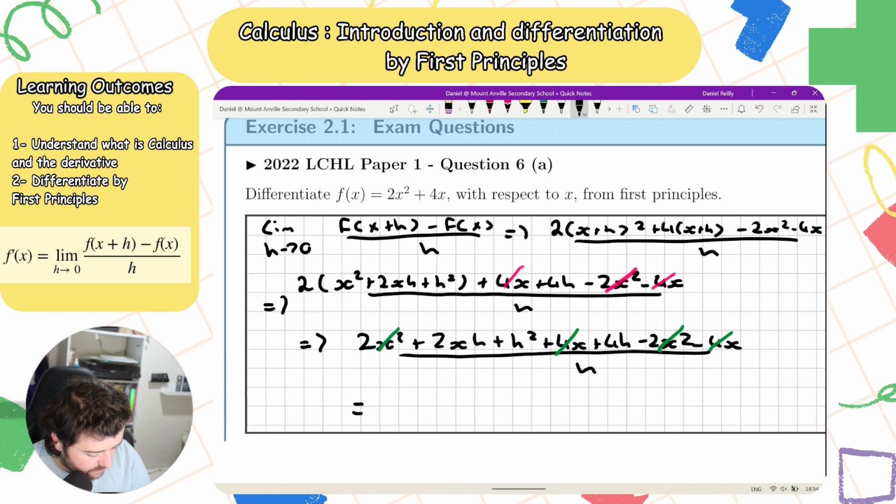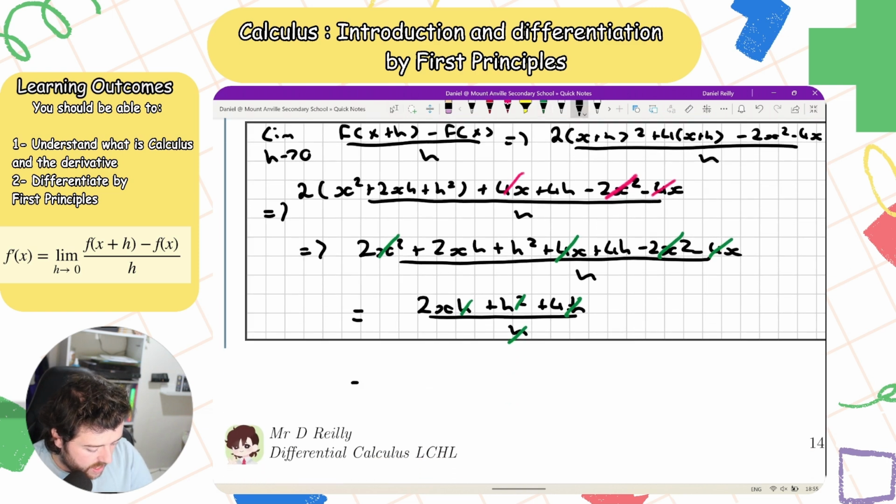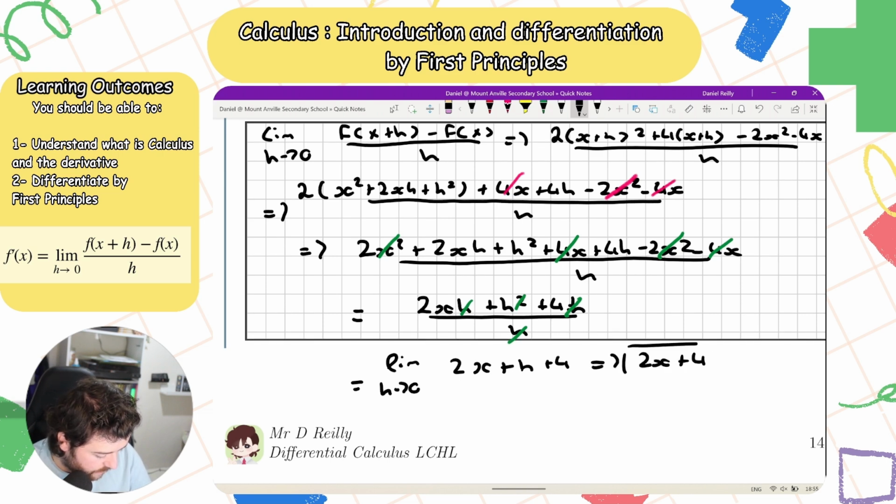So I'm going to be left with 2xh plus h squared plus 4h, all over h. Dividing h in, h goes into here 2x times, h goes in here h times, h goes into 4h 4 times. Now I'm left with the limit as h goes to 0 of 2x plus h plus 4, and when h goes to 0, I'm just left with 2x plus 4.